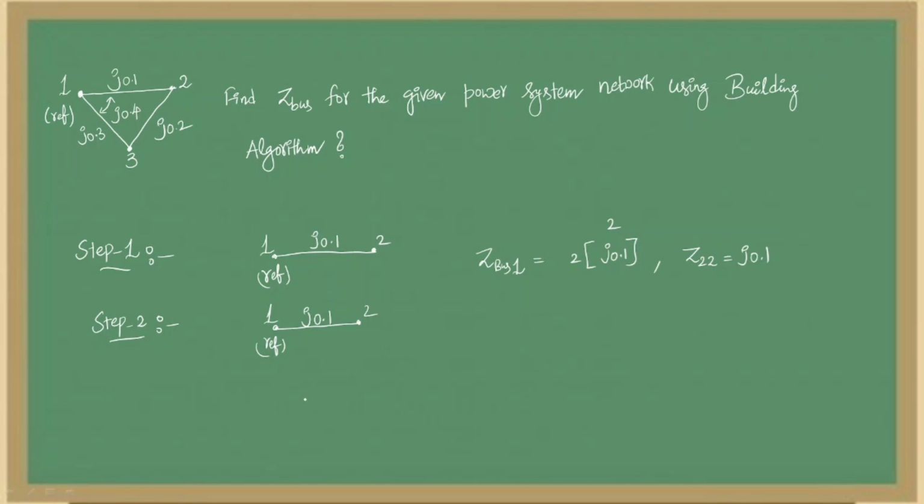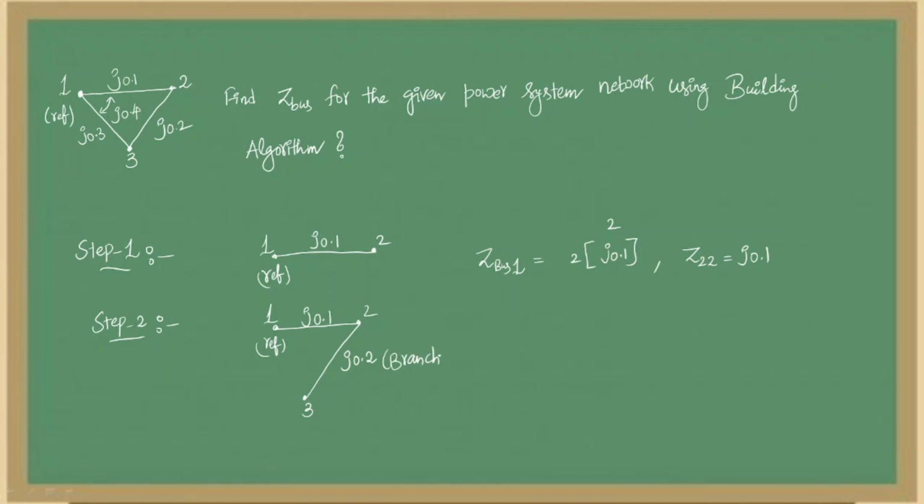Now I am adding the second element which is from second node to third node, whose impedance is given by j0.2. Now this is called addition of a new element from existing node to new node, because 3 is a new node and 2 is an existing node.